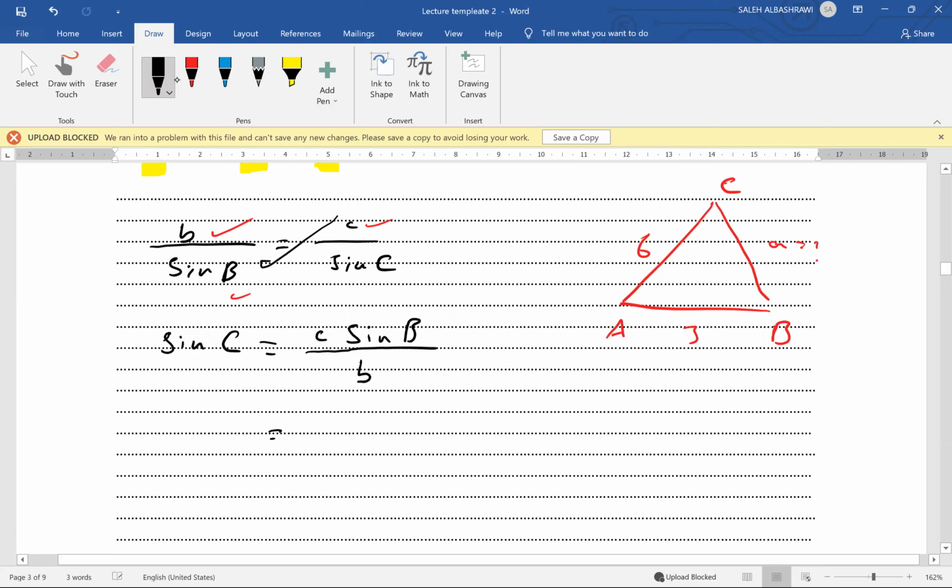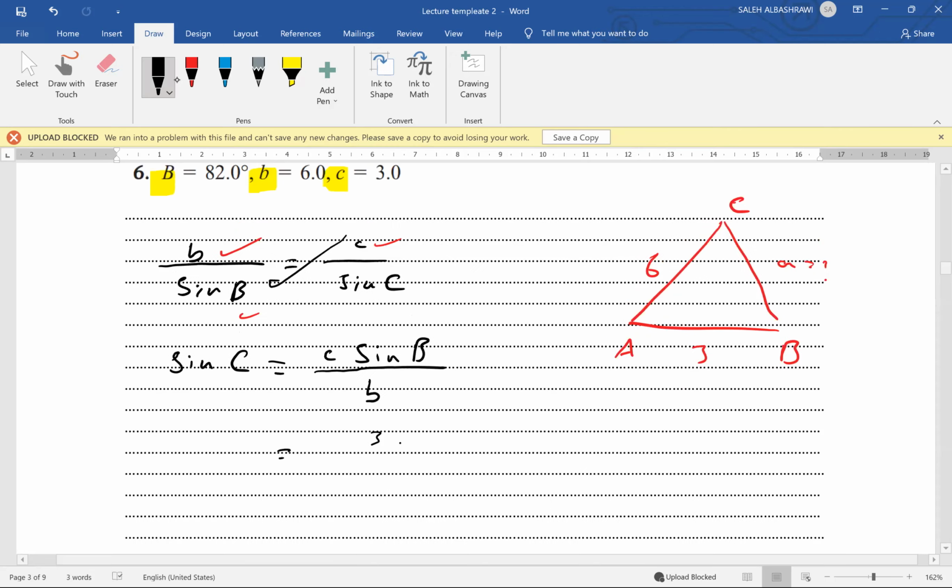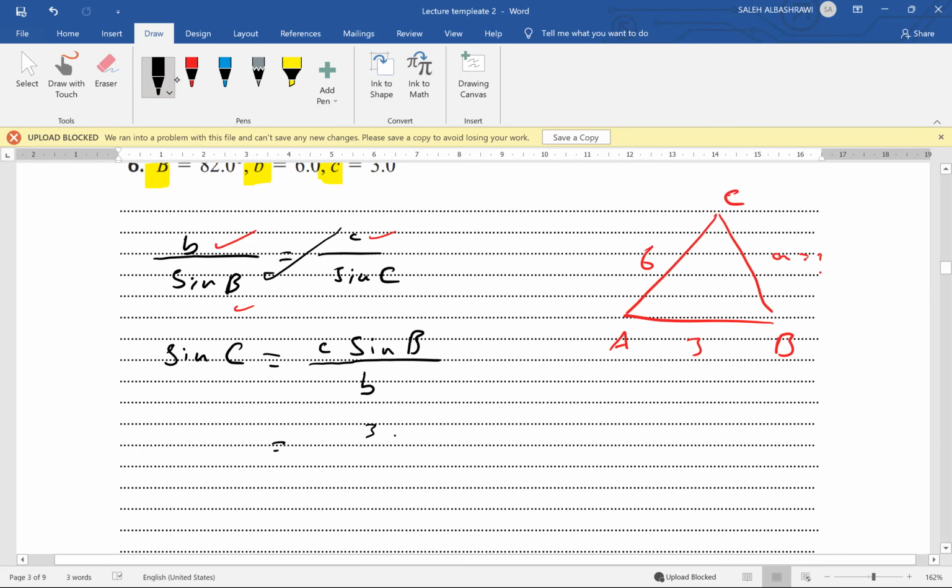Now c is given to be 3, multiplied by sine B, which is equal to sine of 82, divided by small b, which is equal to 6. This is sine of C.